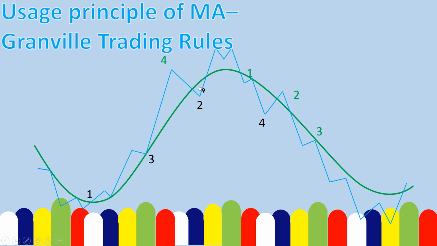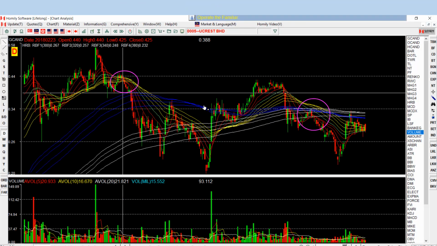The MA direction is still upwards, and the price breaks down the MA. So here will be the second buy point. When you see the price start to rise, here will be your buy point, the second buy point.